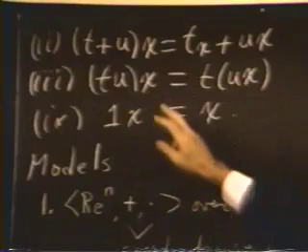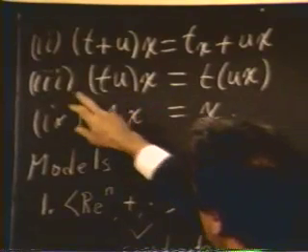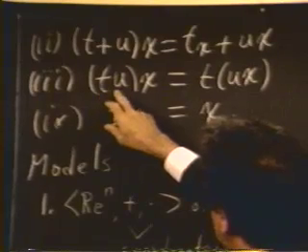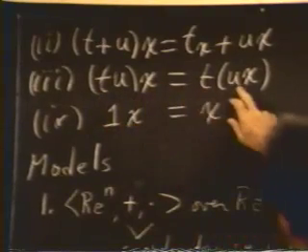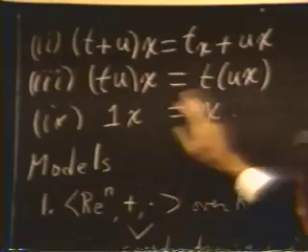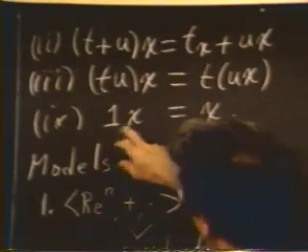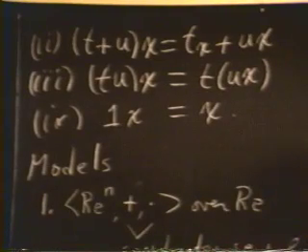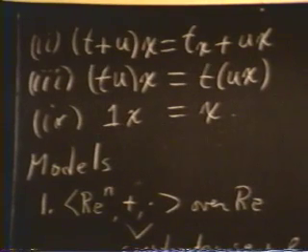And then the associative sort of property 3 for scalars, the scalar tu times x is equal to t times the vector ux. And finally, fourth, 1 times x, that is the number 1 times x, is equal to x. Those properties will be familiar, and represent the beautiful algebraic characterization of vector spaces.